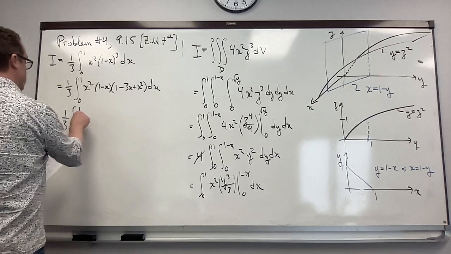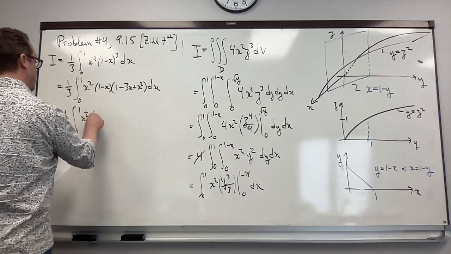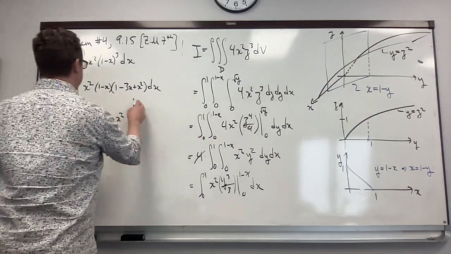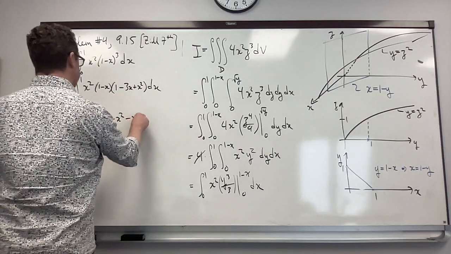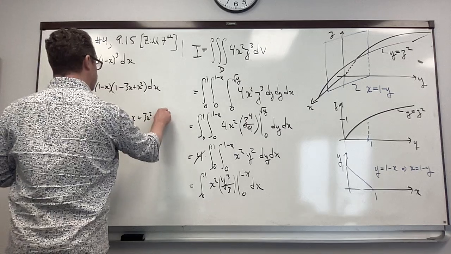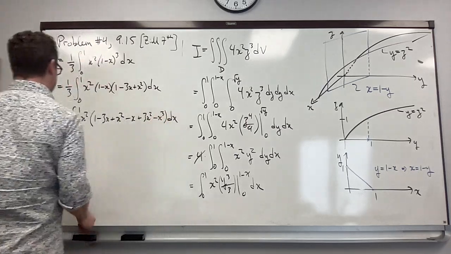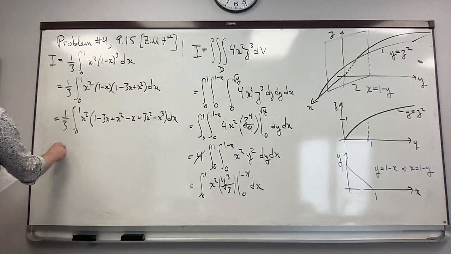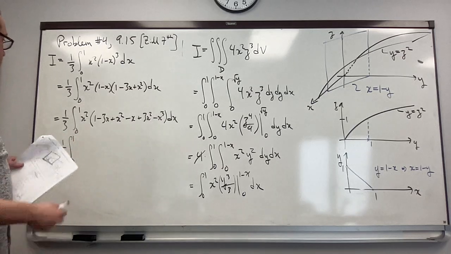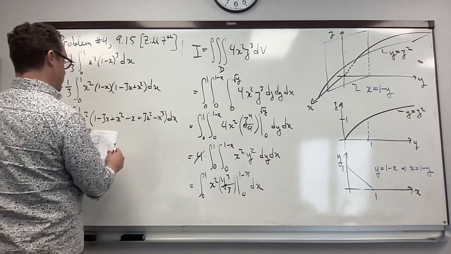1 x squared, 1 minus 3x plus x squared, minus x plus 3x squared minus x cubed, and then we have 1 over 3, 0 to 1. Let's see, can I do anything here?